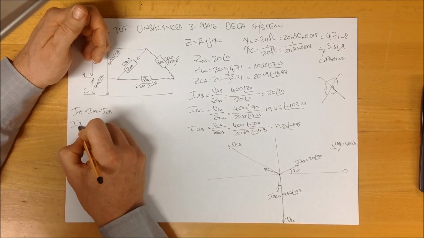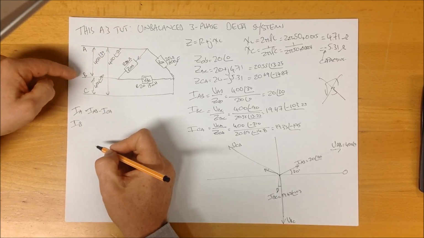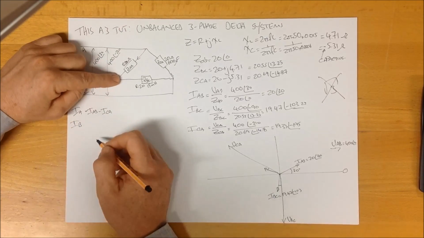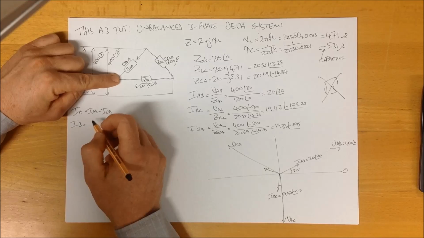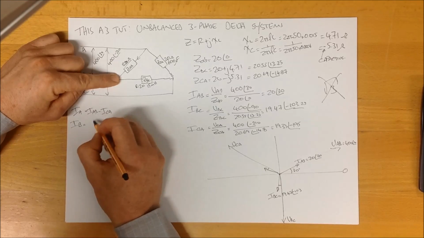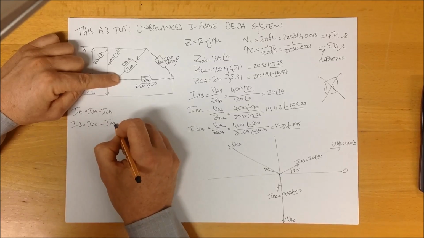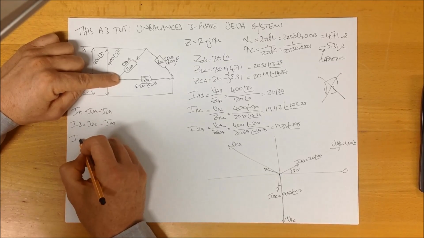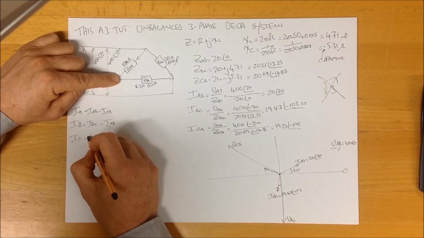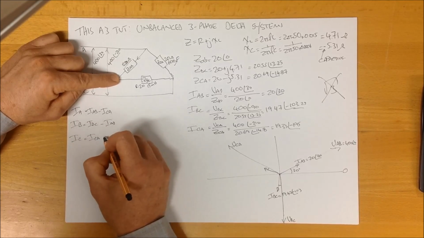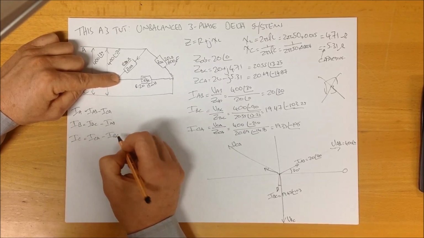The current flowing in line B is the difference between IBC and IAB. And the current flowing in line C is the difference between ICA and IBC.